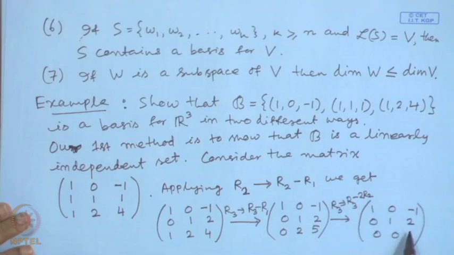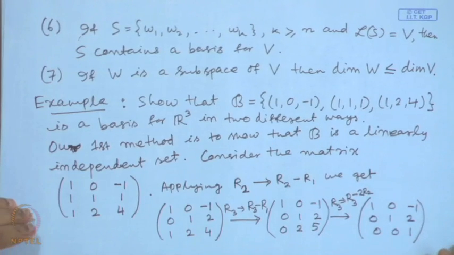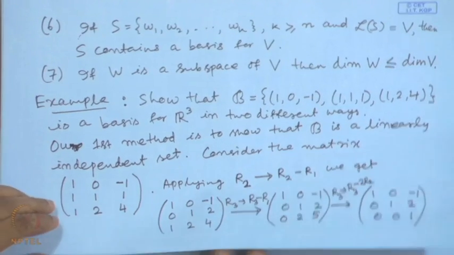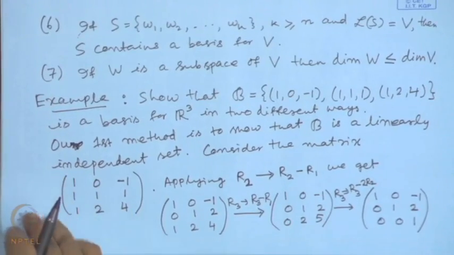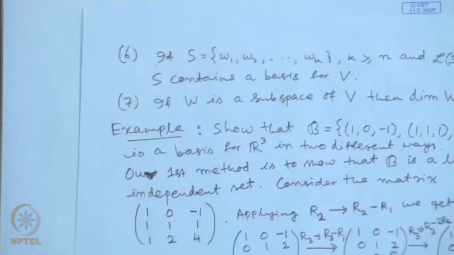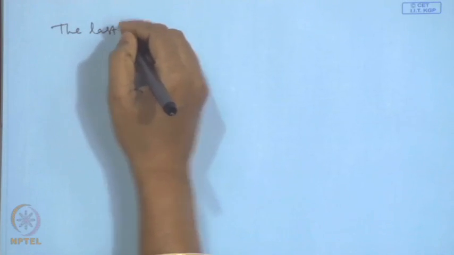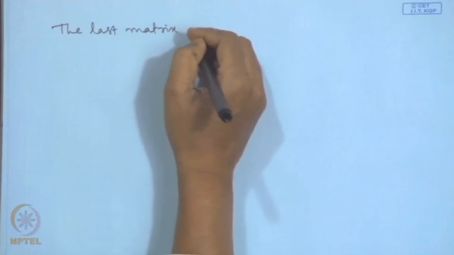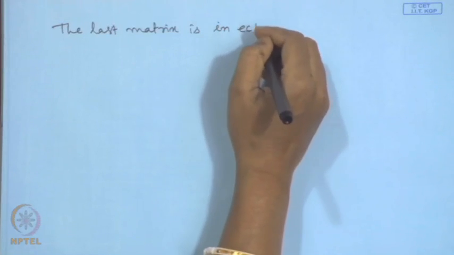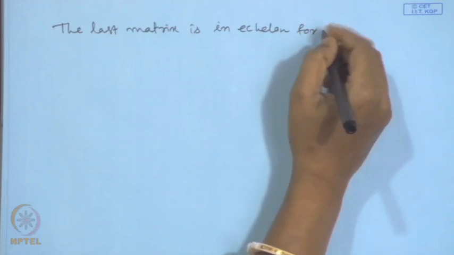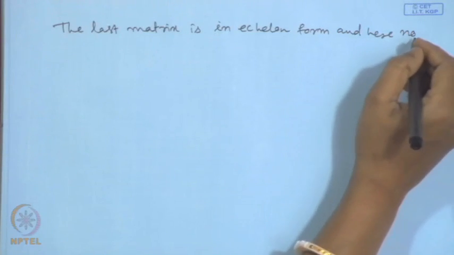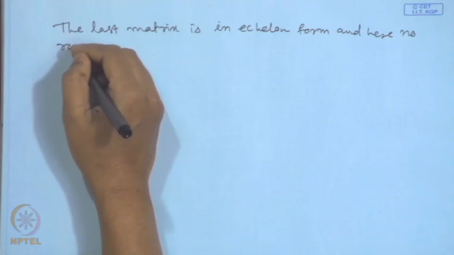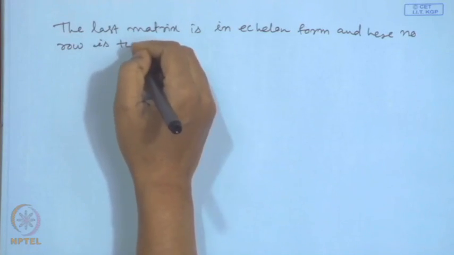Notice that this last matrix is in echelon form, and here no row is the 0 row.